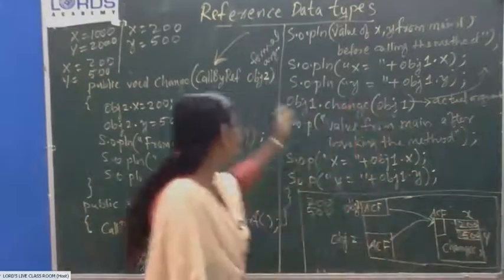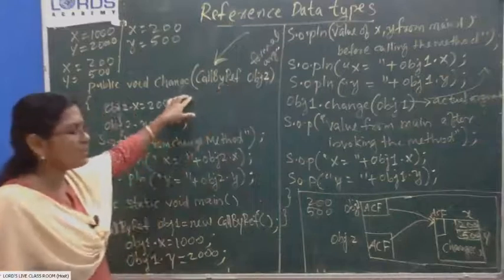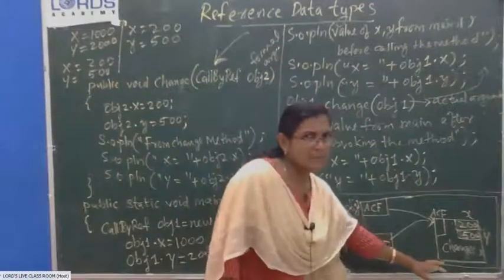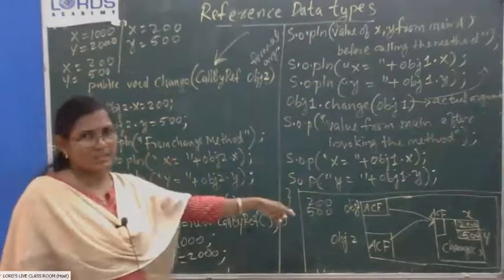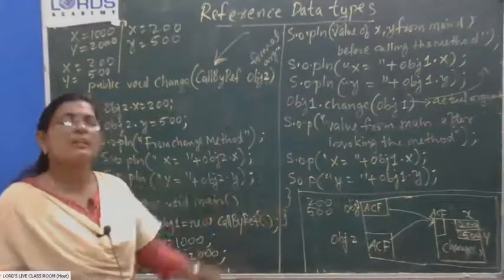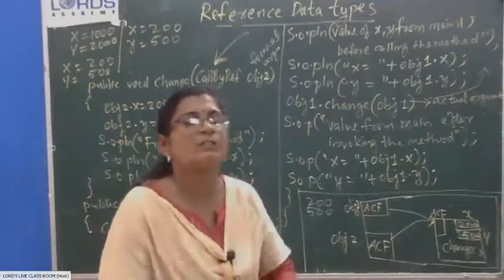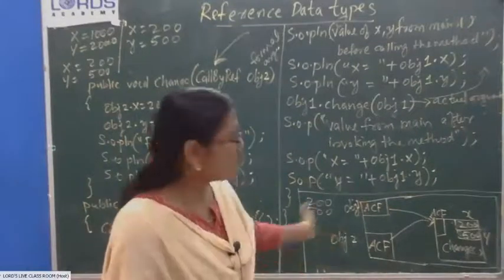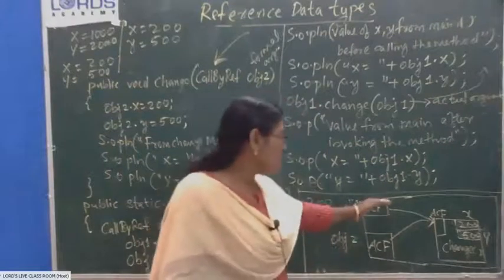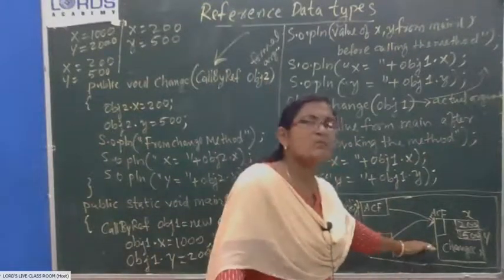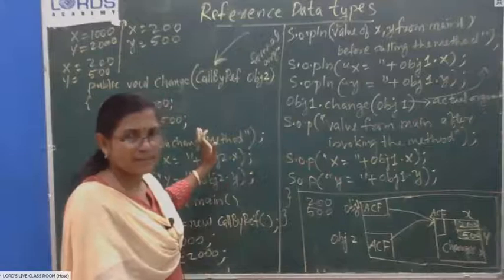We are telling the change function, you go to the same place in the memory, go to the same object, make some changes in the same object. We don't want any duplicate copy, we don't want the original value also. Make the changes in the same object. So we are passing the address of the same object to the function here.